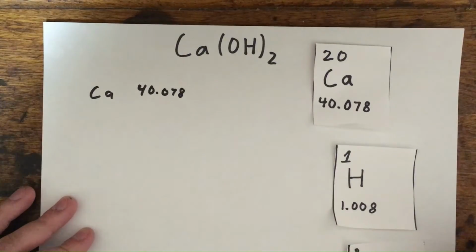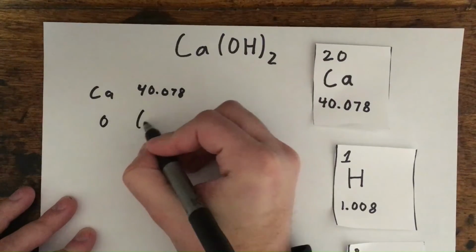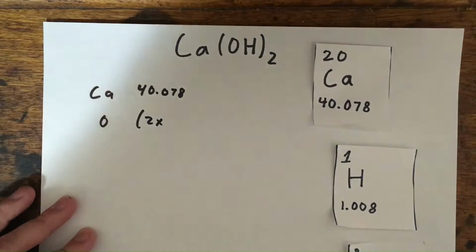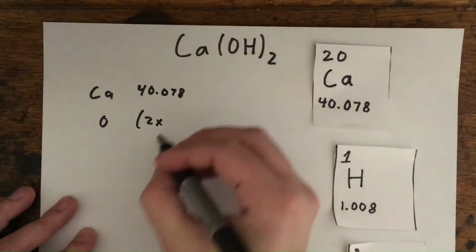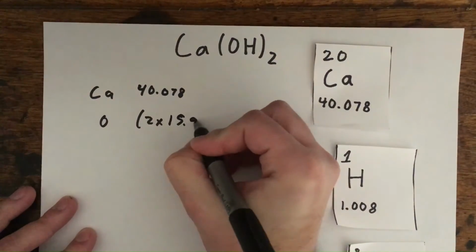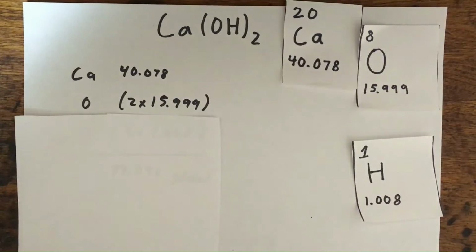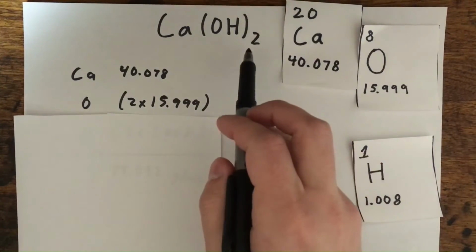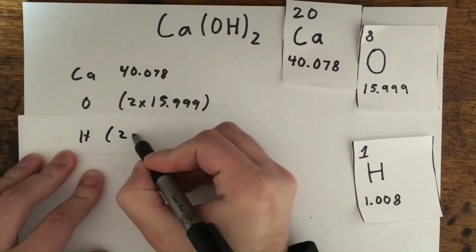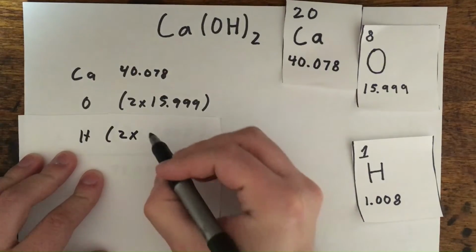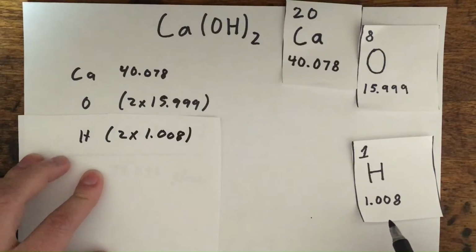And then O, we now have 2 because we have to distribute this 2. So O, we're going to have 2 times 15.999. Put this back up here. Then we can add our 2 hydrogens. So we have 2 hydrogens, and each of those weigh 1.008, as we can see here.